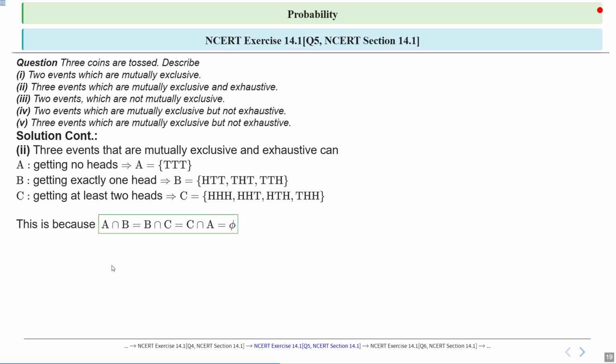Now you can check the intersections: A intersection B, B intersection C, and C intersection A are empty. So these events are mutually exclusive. And if we take the union of A, B, and C, then you will get the sample space S. So A union B union C is equal to sample space S.